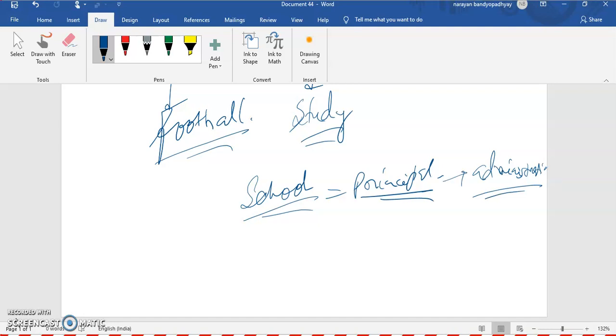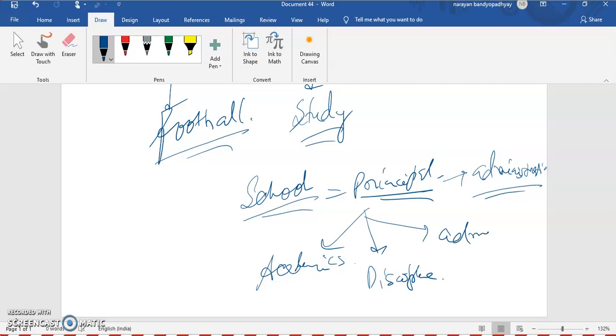Individual in-charges are fixed for different areas: for academics, someone is the HOD in charge; for discipline, another in charge; for admission, another; for co-curricular activities, another. So basically each and every organization is divided into various parts.